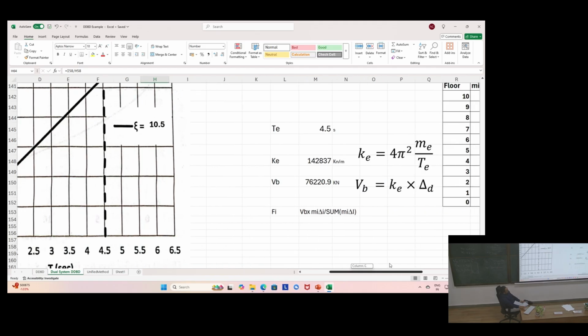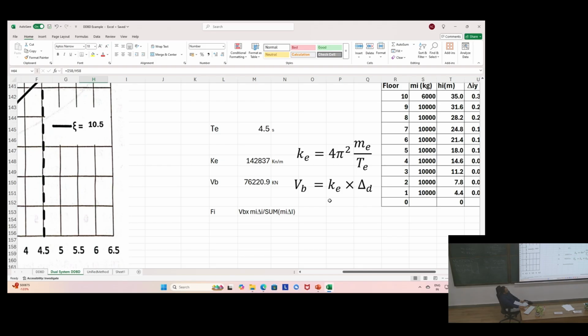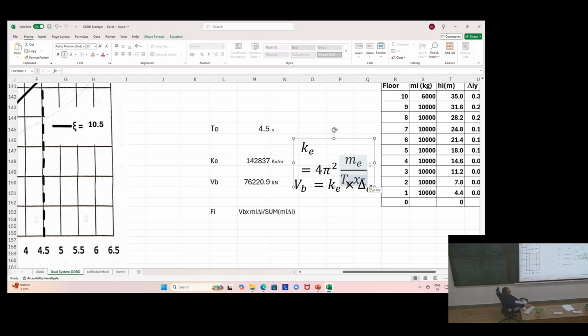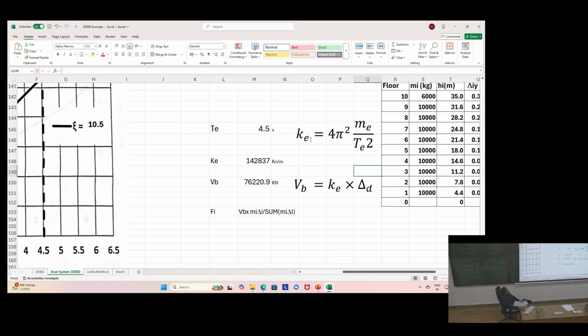So our equivalent time period is 4.5 seconds. So our Ke is 4 pi squared me over T squared.